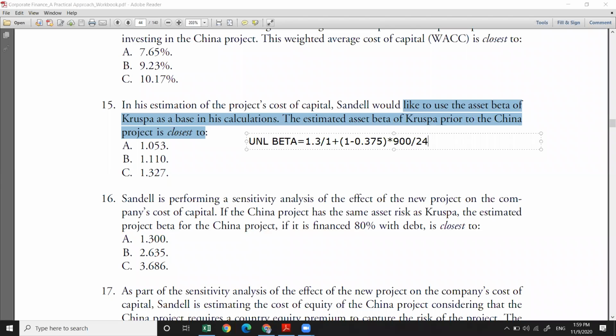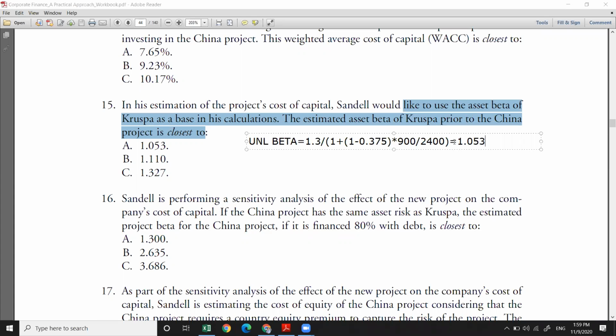Of course, it should be in brackets first of all. The brackets play a very significant role in getting everything calculated correctly. So the unlevered beta is 1.053.